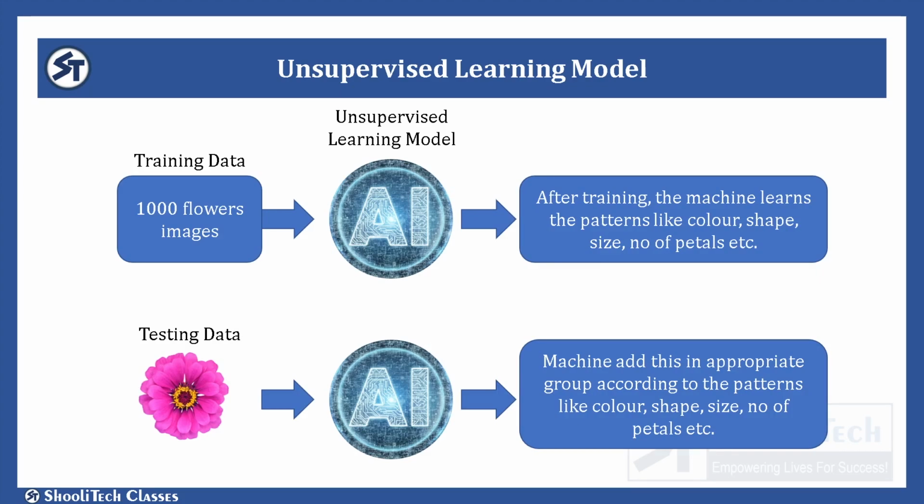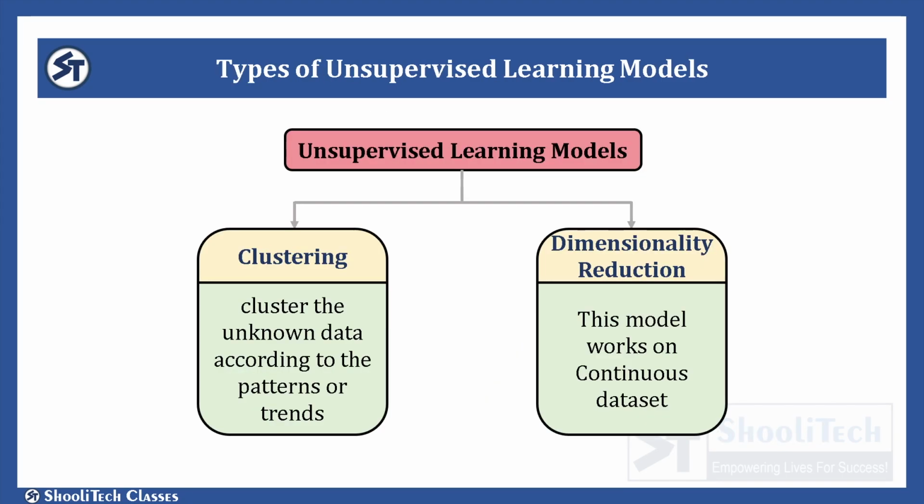If we provide 1000 images of different types of unknown flowers to an unsupervised learning model, then after training, the model learns to identify them on the basis of their pattern, color, shape, size, number of petals, or other features.